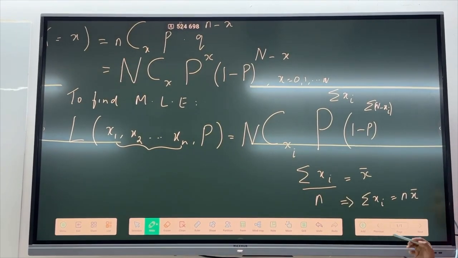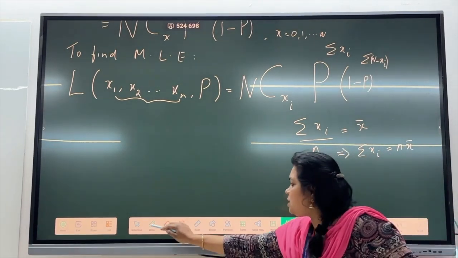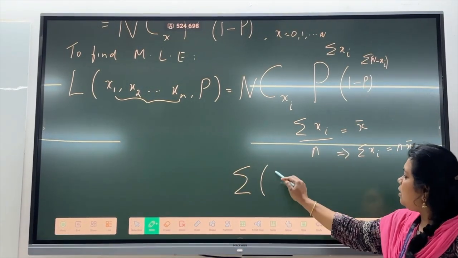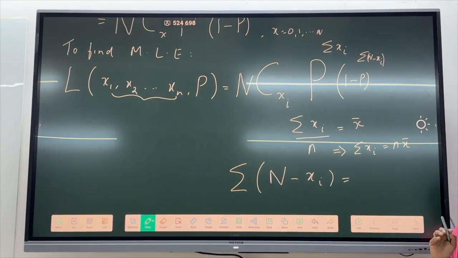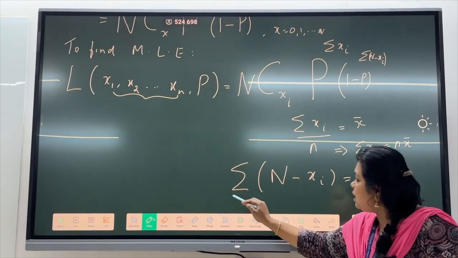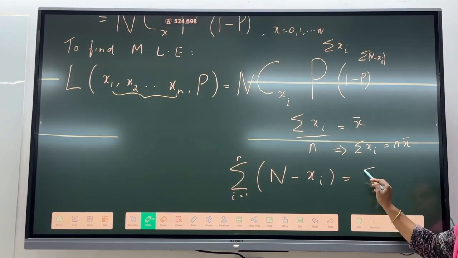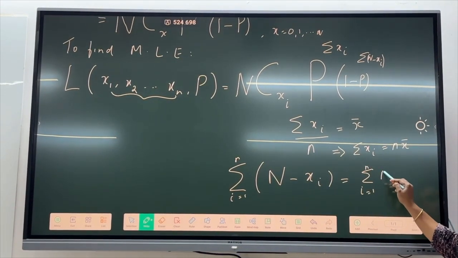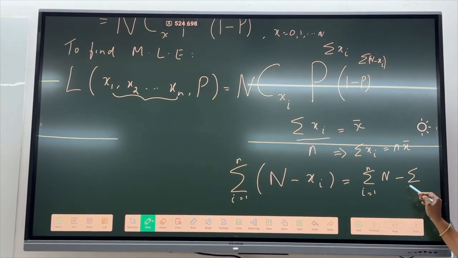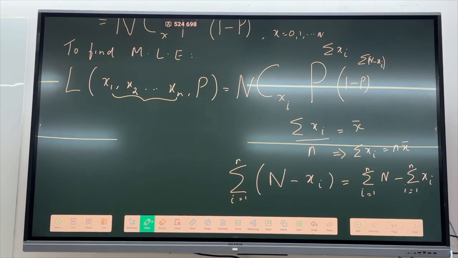Similarly, what is summation N minus xi, where i is from 1 to n? So summation i equal to 1 to n of capital N, minus summation i equal to 1 to n of xi.